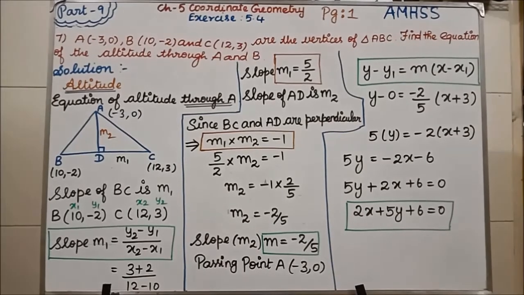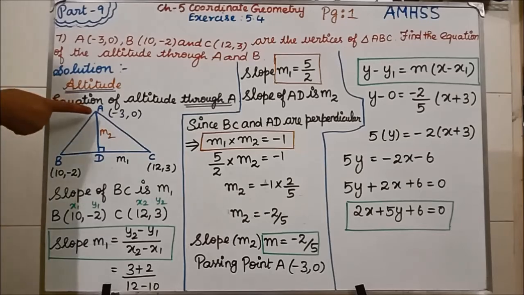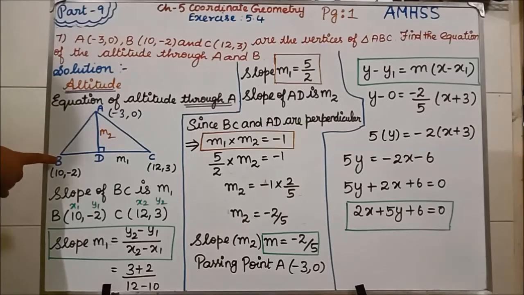Students, this page number 1 is through A. Altitude through A I have drawn. Altitude through A means, see, from the A vertex only you have to draw the altitude. Okay, next if you see in page number 2, I will draw the altitude from vertex B. So from here I will draw the altitude. Clear?